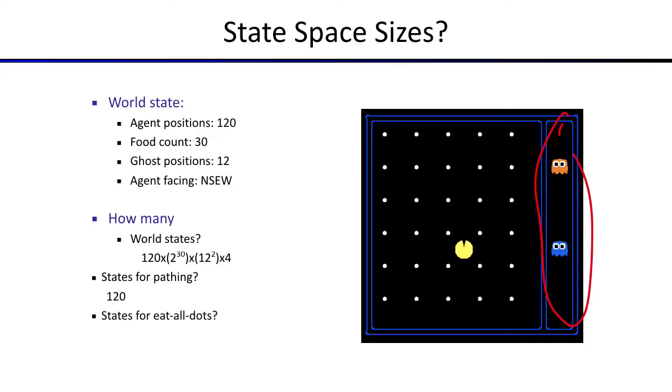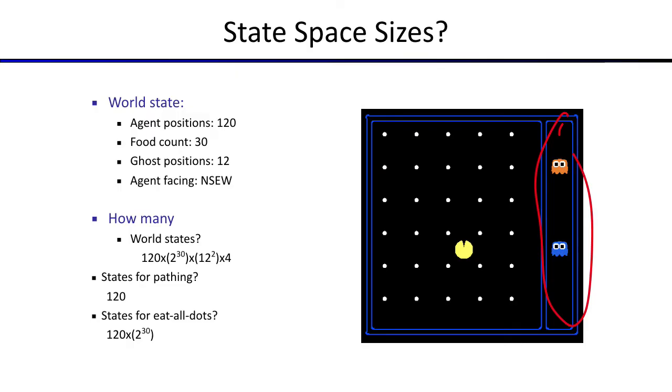If we're considering the eat all dots problem, now how many search states are there? I think I'm hearing mumblings of the right ideas. We need to be keeping track now of where Pac-Man is. That's relevant to the eat all dots problem, and which food have been eaten.